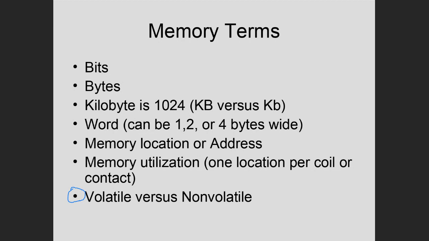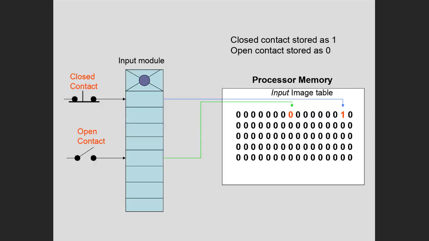Let me jump down to the last 2 slides. I'm already over. This right here, hopefully, clears up what I was trying to say. Here I have an input module. Each one of these squares has a screw terminal. If you count over here, I think I got 1, 2, 3, 4.